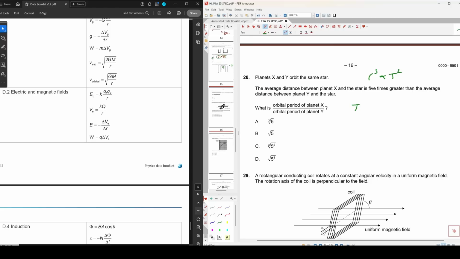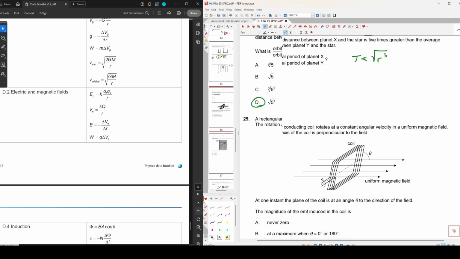So the period is proportional to the square root of r cubed. They really just want you to know Kepler's law here. So I'm thinking this will be D. Yeah, because you make the R 5 times greater. So yeah, D. All right, you need to memorize this. I don't know why. It's silly. That should be in the data booklet, but it's not.